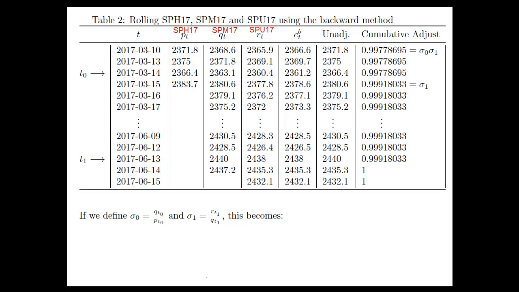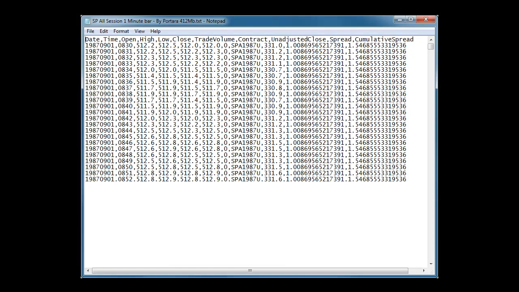Note, to cross-check and verify the final results, ideally, if we kept tabs on the cumulative ratios all the way through history, the cumulative value in the first row multiplied by close should bring you back to the unadjusted close in that contract. I've used Portara to run off a simple example of 1 minute bar of the S&P back to inception, and I've included the cumulative adjustments and unadjusted close as columns in the series to make this helpful.